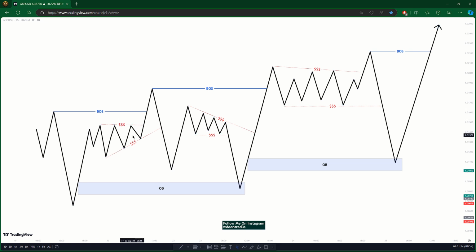All right, so this one is important because let's say, of course, you are in an uptrend here. If you know how to mark your market structure and you already know that you're in an uptrend, what you are looking for in most cases is an area where you need to take a trade.